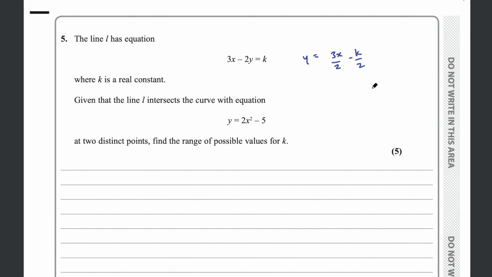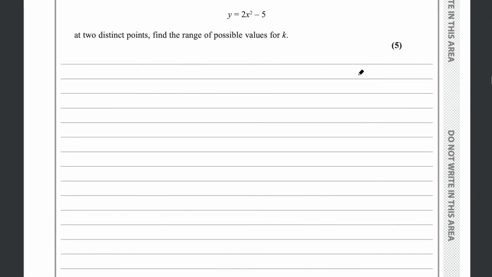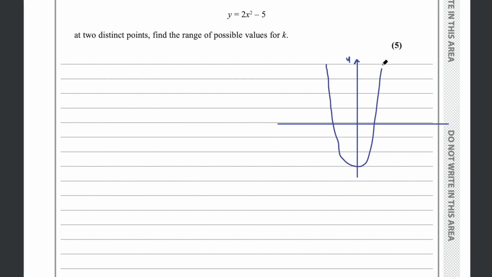And I'm actually going to find this easier if I draw a quick sketch. Now it might not be accurate, but it's going to give me some idea of what's going on here. So a little sketch to help your understanding is always helpful. So we have some quadratic, and its axis of symmetry is the y-axis because we don't have an x term in there, and it's a positive quadratic, so I know it's going to be going up like that.